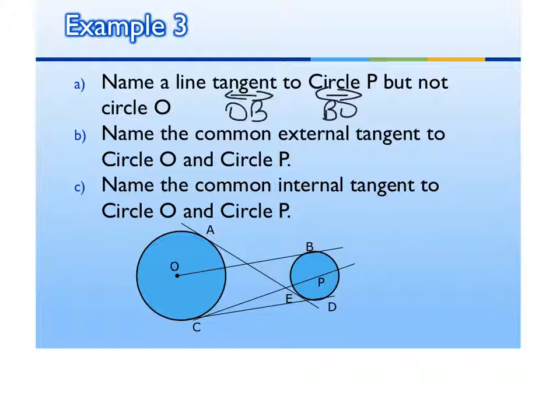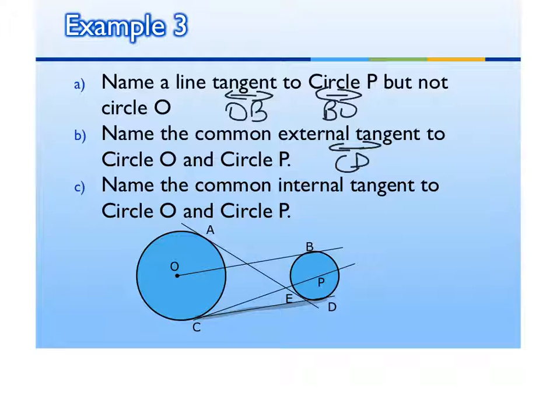Either way, good. Okay, can someone name the common external tangent to circle O and circle P? Juliana? CD. Yes, CD, beautiful. Okay, so the common external tangent, remember a tangent is going to be a line that hits the circle only at one point.